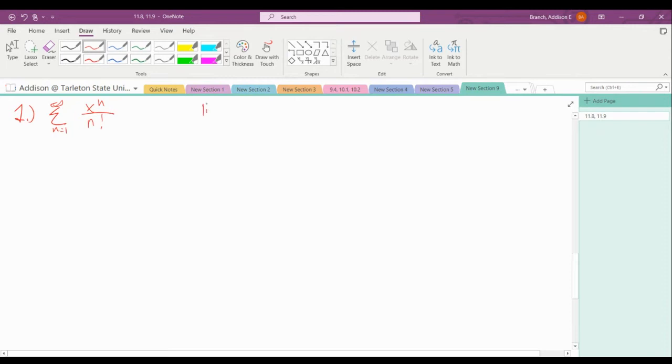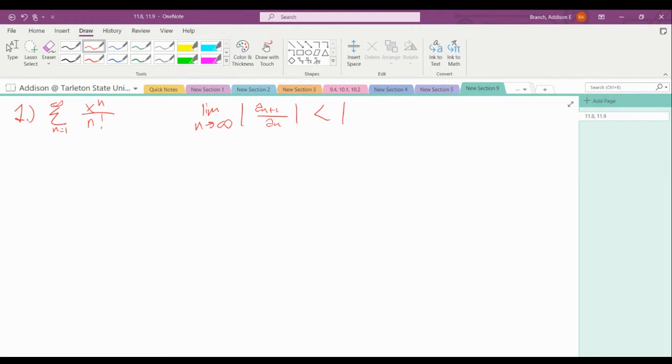So of course, our ratio test, as a quick reminder, is the limit as n approaches infinity of the absolute value of a sub n plus 1 over a sub n, and it is convergent when that is less than 1. If it's greater than 1, it is divergent. If it equals 1, we have to try something else.